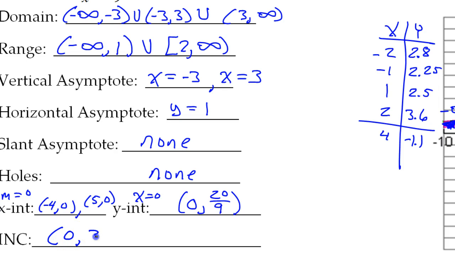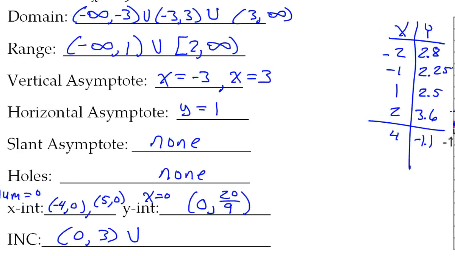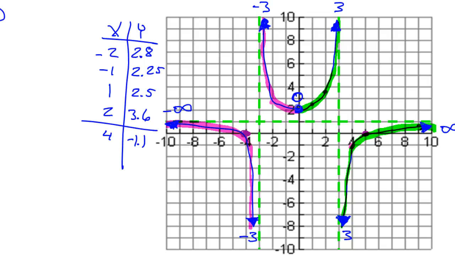Alright, 0 to 3. Okay, and we will leave them round parentheses always, because right at the changeover, 0 is where it changes from decreasing to increasing. But right at 0 it's neither, so it's not to be included. We have another increasing interval from 3 to infinity, x values.